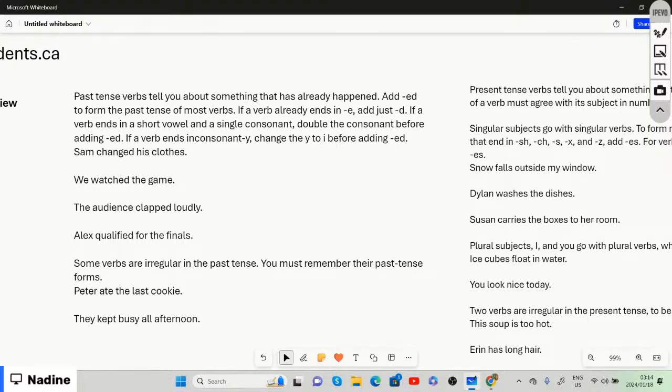All right. So then if a verb ends in a short vowel and a single consonant, remember our vowels are A, E, I, O, U, then we double the consonant before even adding ed.